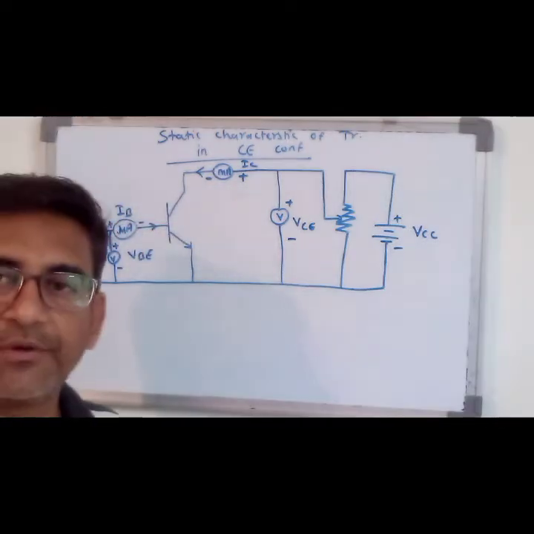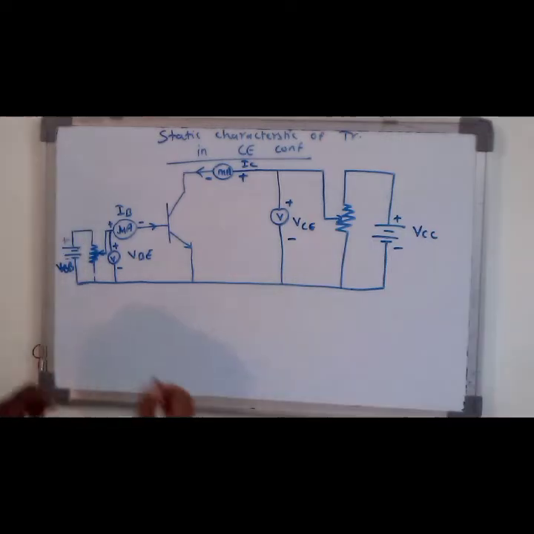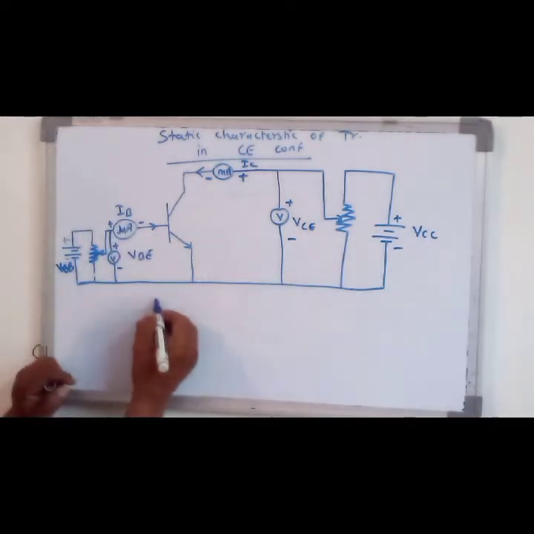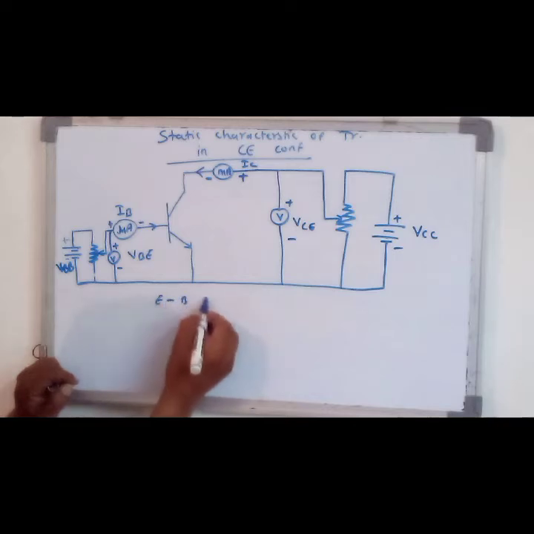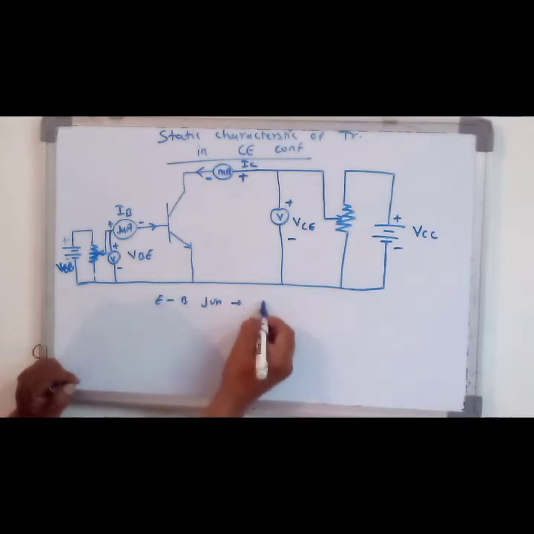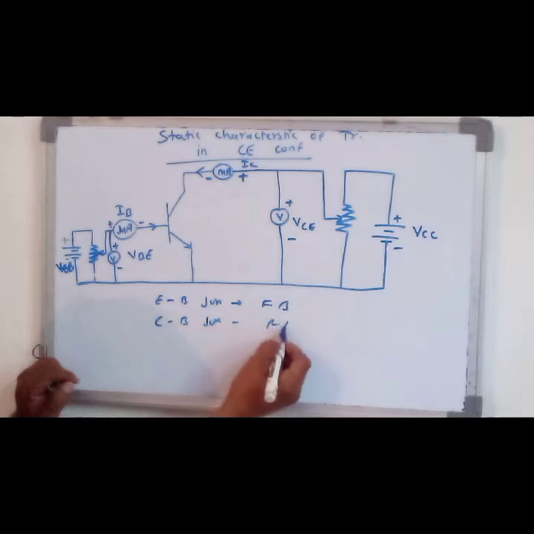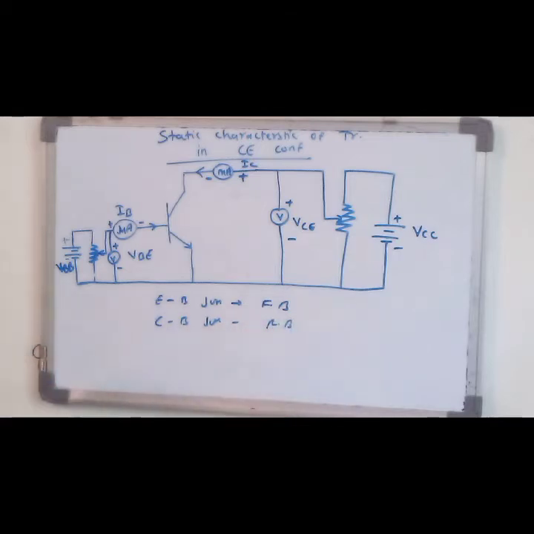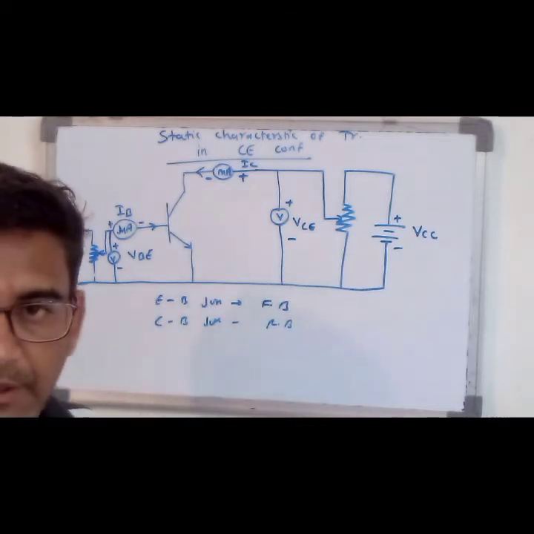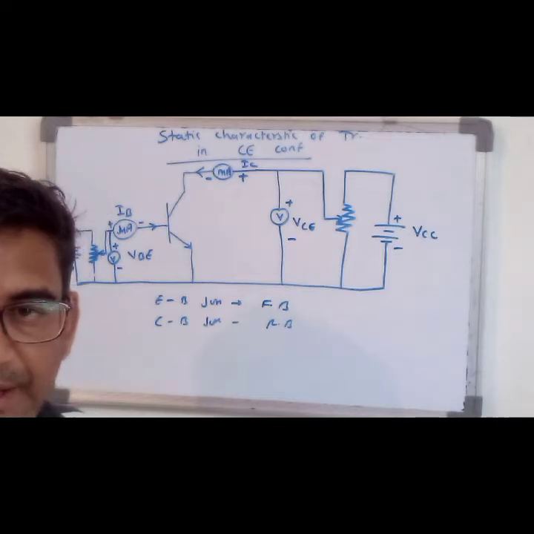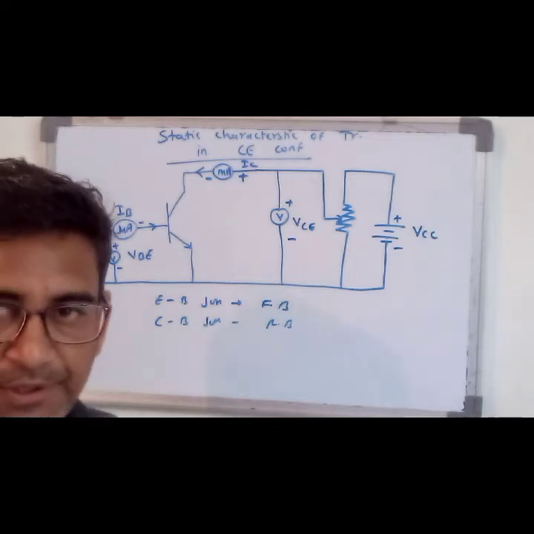The one thing you have to keep in mind is that always the emitter to base junction is forward biased, and the collector to base junction is reverse biased. Okay, the forward and reverse bias direction is very much important.